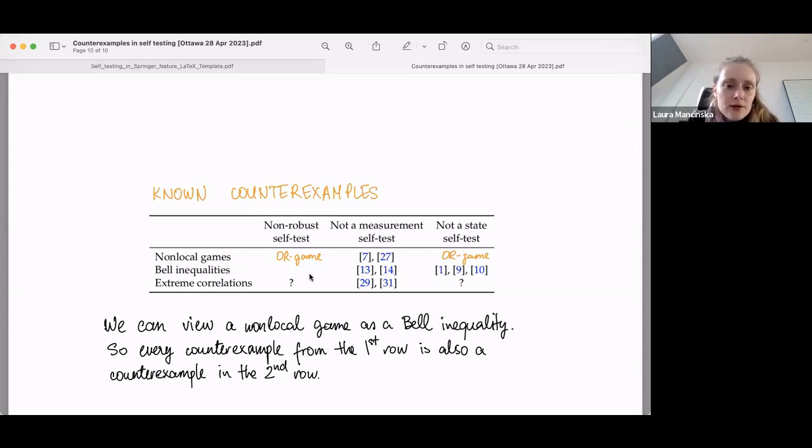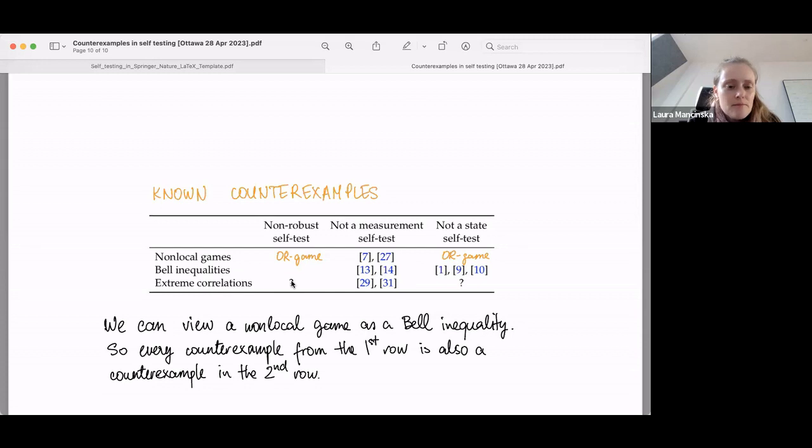We provided these counterexamples for non-local games, but the same question is still open when it comes to correlations. If you are self-testing from a correlation and you have an extreme quantum correlation, is it necessarily a self-test of some state? Or is every exact self-test also robust?